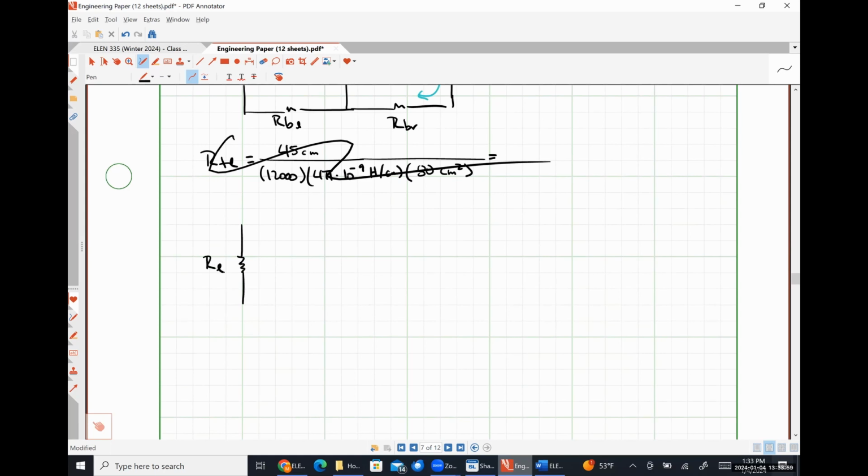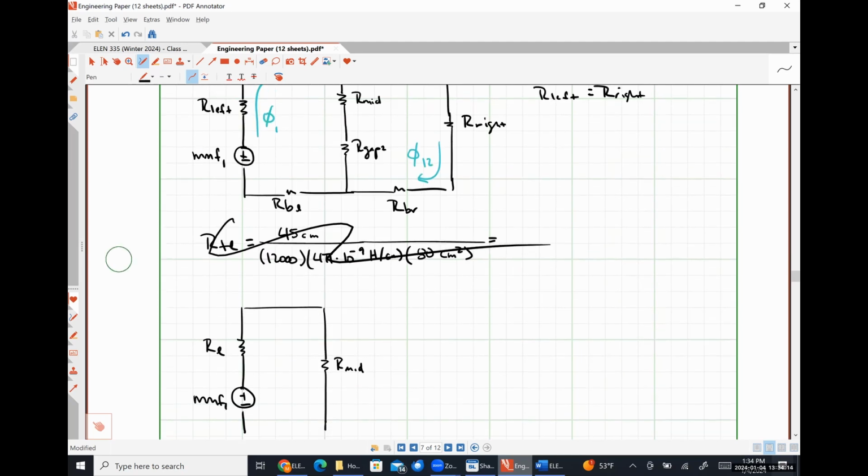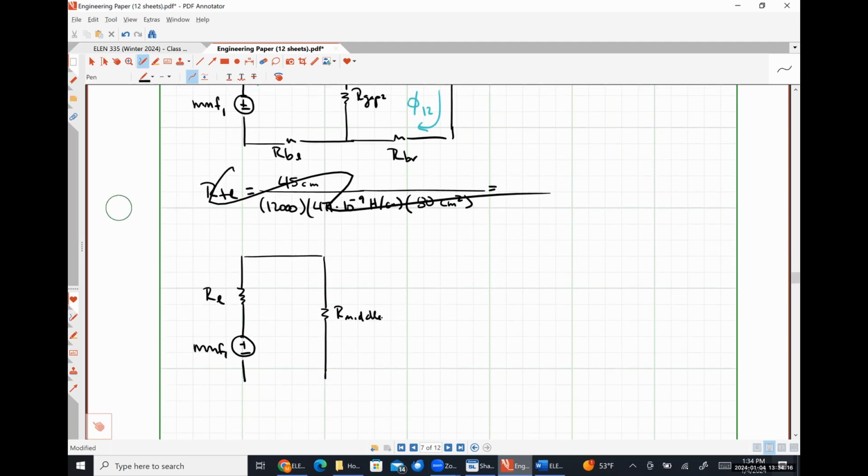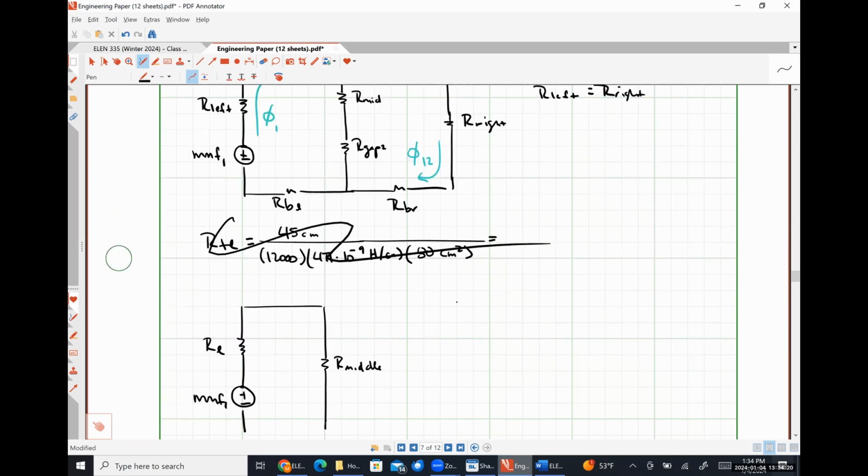So this is RL. This is MMF1. This is R mid. Let's call it middle so that it's differentiated between the thing that I have listed as mid. So this is including the gap.